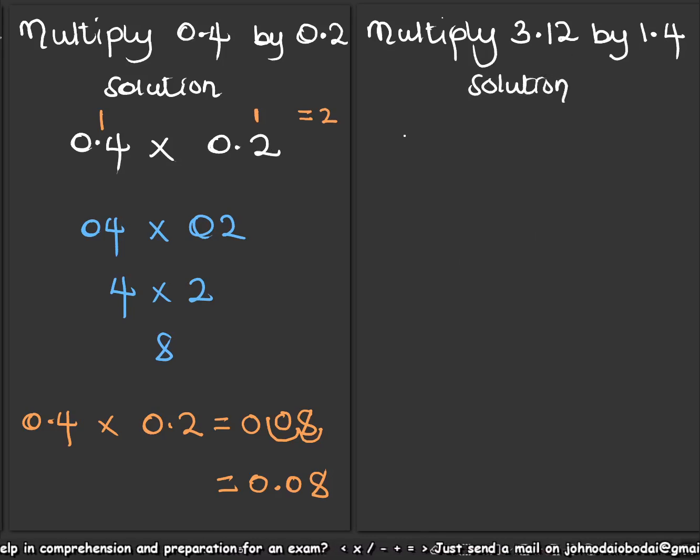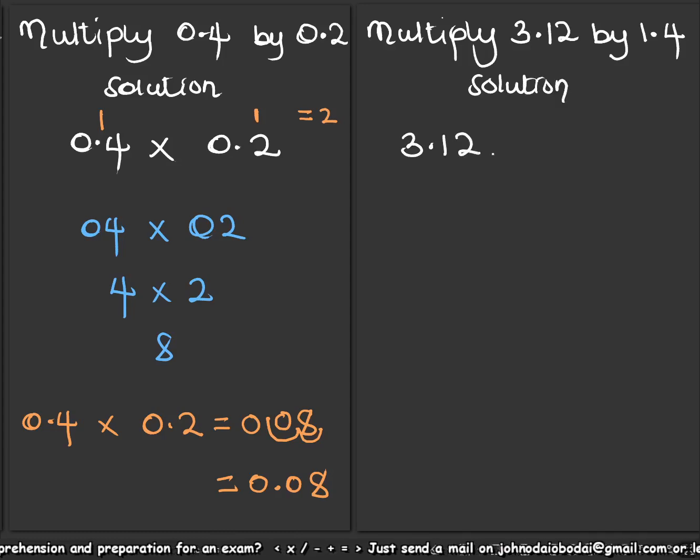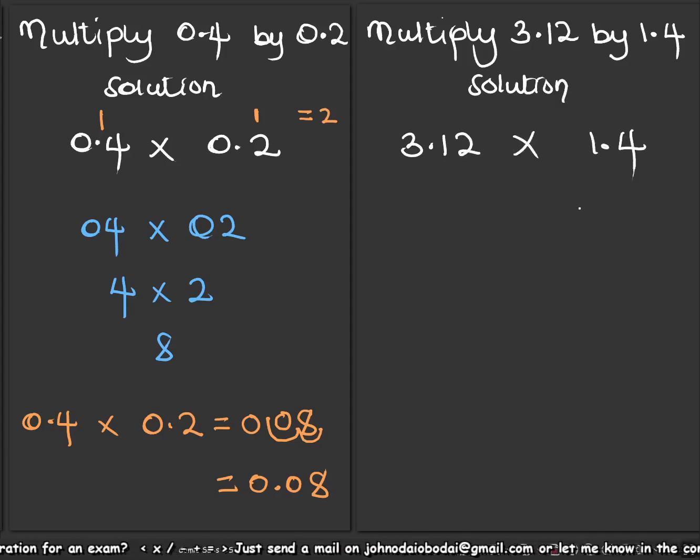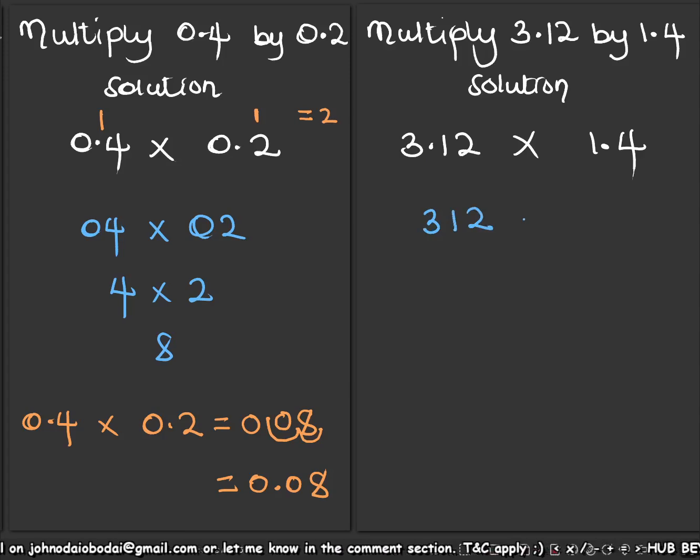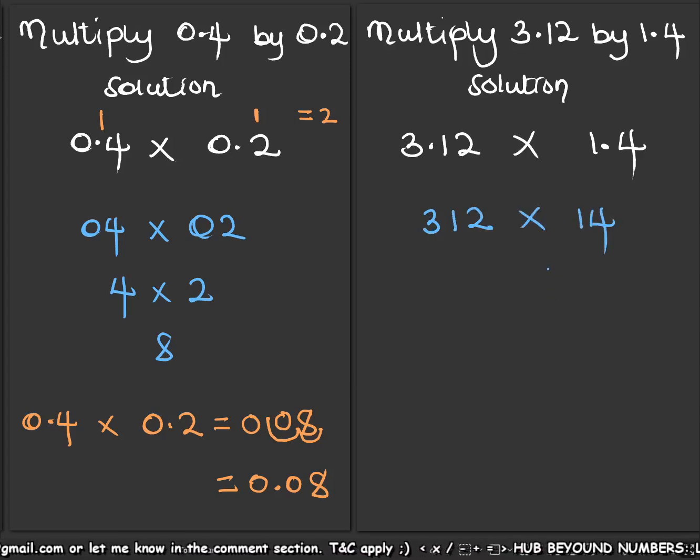It says you have to multiply 3.12 by what? 1.4. You see? So as I have said, write your numbers as if you don't have any decimal. So 3.12, we are going to write it as 312, then times 14. Then you do your multiplication.